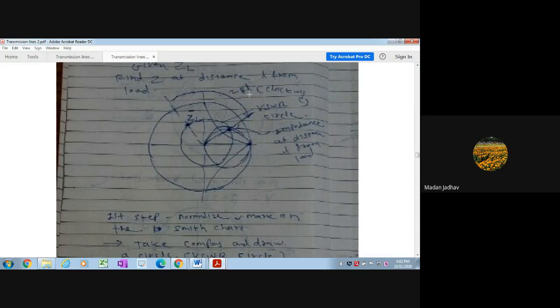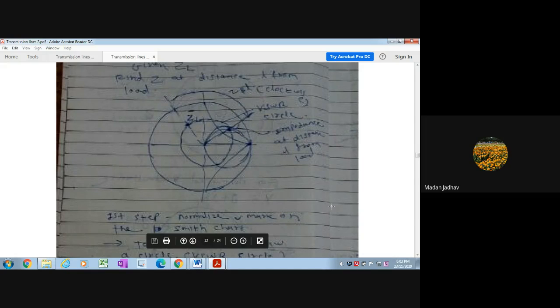L is known to us, and beta is also already known to us. You just have to move this. Now, this 2 times beta into L, you have to convert into degrees. The total circumference of the circle is lambda by 2. This distance we can also find out in terms of lambda.